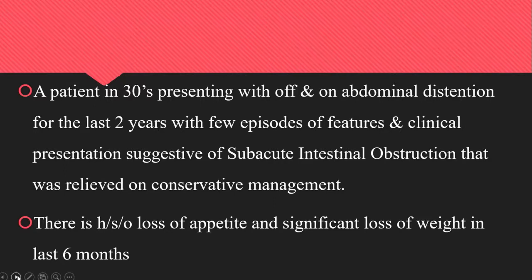Those episodes were relieved on conservative management most of the time. Now at this time, there is history suggestive of loss of appetite and significant loss of weight in the last 6 months in this patient.